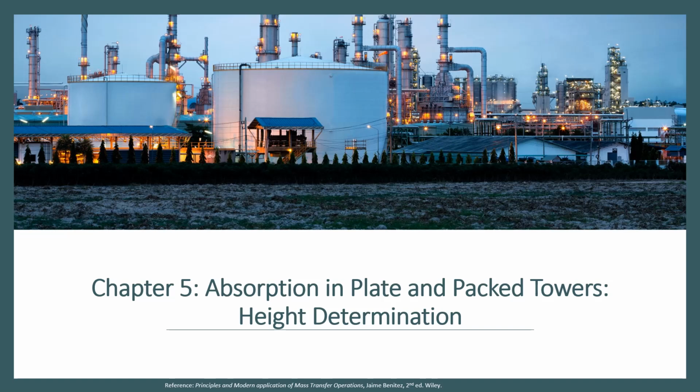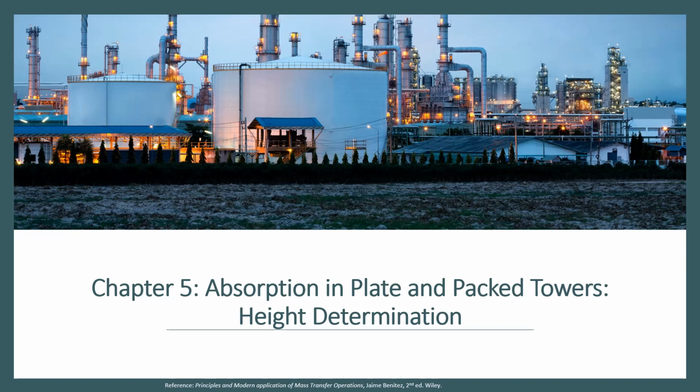And the height of the column is based on mass transfer principles. It is somehow related to the diameter because diameter is going to determine the gas velocity, and the gas velocity is going to determine the interaction between the gas phase and the liquid stream. Now this interaction is going to determine the efficiency of the mass transfer operation.